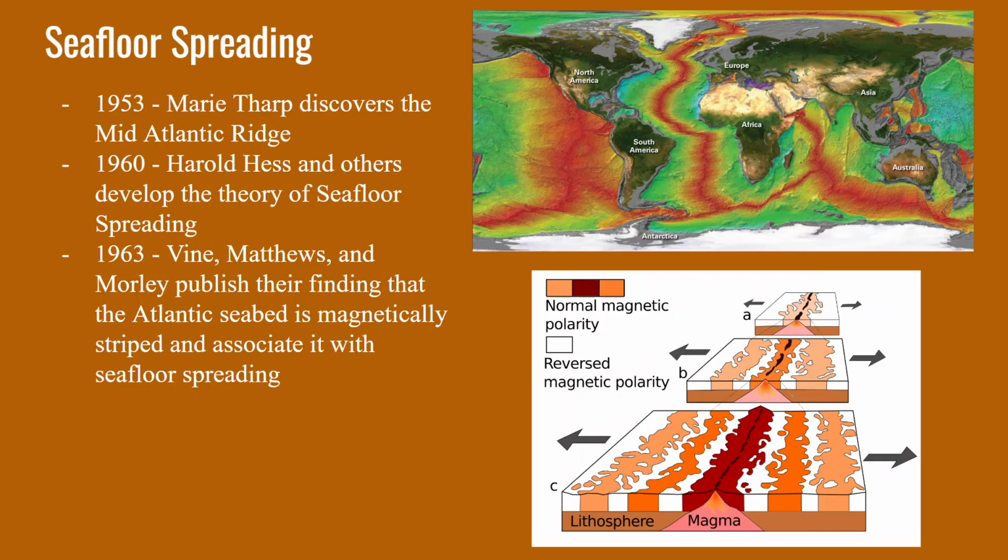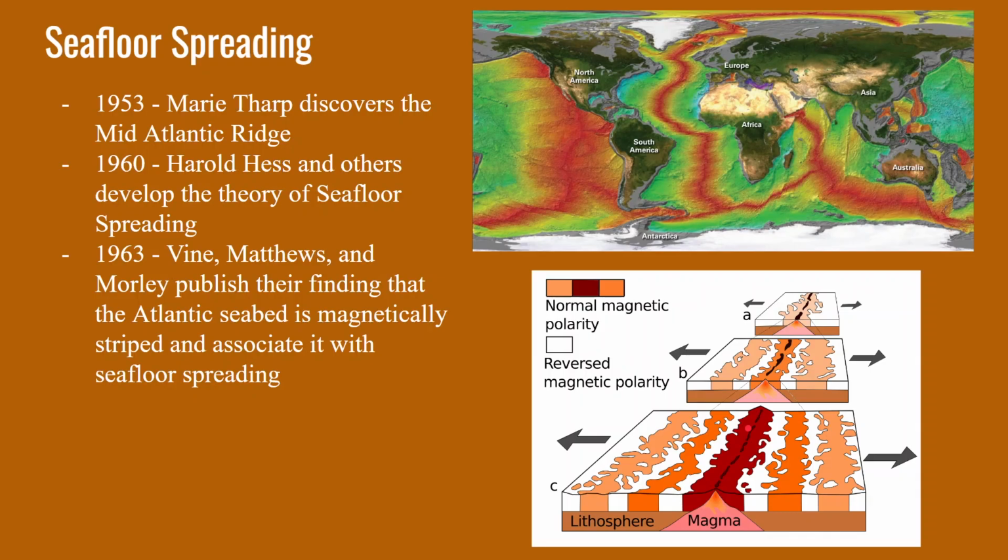And another interesting finding came a few years later in 1963 when a few scientists, Vine, Matthews, and Morley, all discovered around the same time that the Atlantic seabed had these magnetic stripes on it.